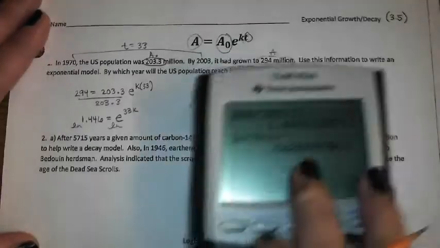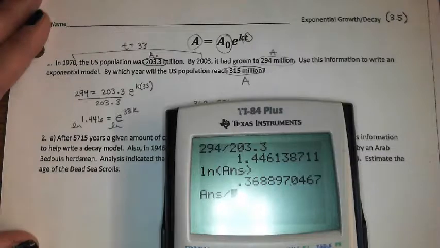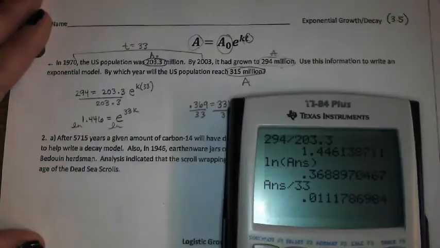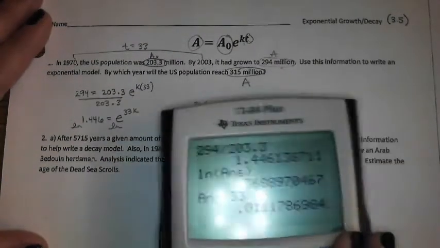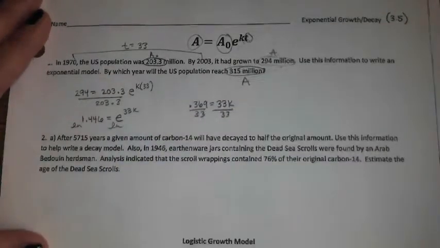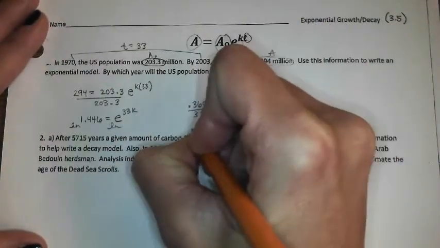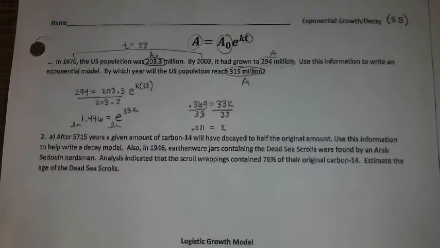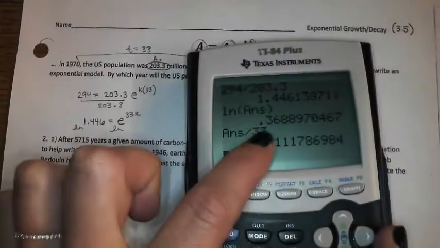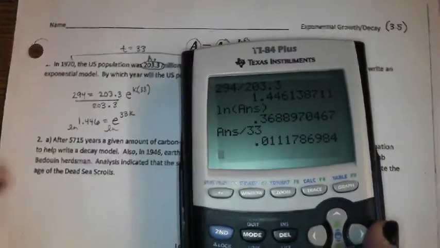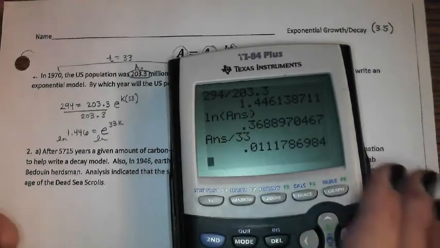So take that number as is exactly and divide it by 33, and I get k equals that. Okay, I'm going to round it to 0.011, and I'll use that and write that, but again, I'm going to keep that exact k value stored on my calculator. Do not hit clear.